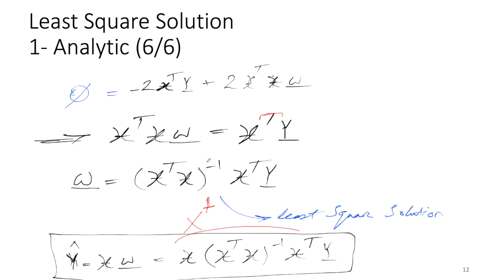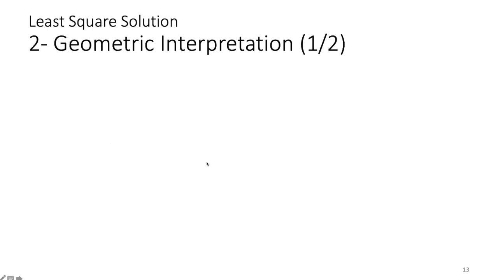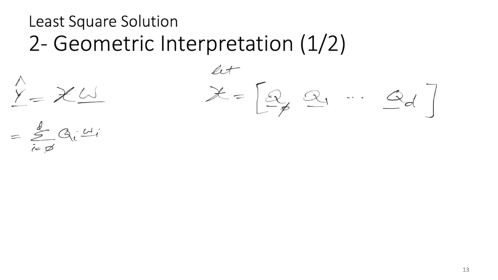So we know that by the analytic solution we have the solution of linear regression as X dagger Y. Let's see if we can find a solution with the geometrical interpretation. So the second method. Here we have to define a function called span of X. Suppose your Y hat was equal to XW.